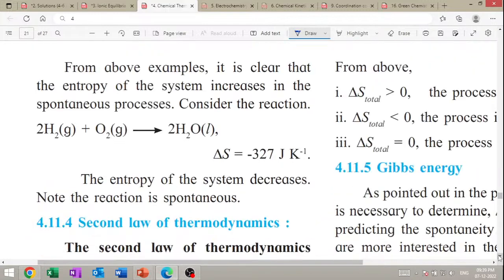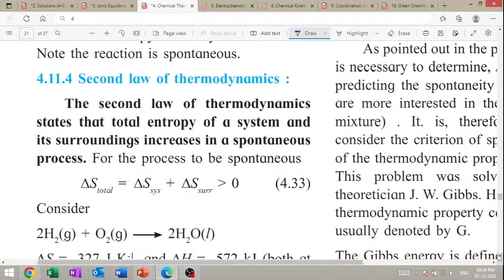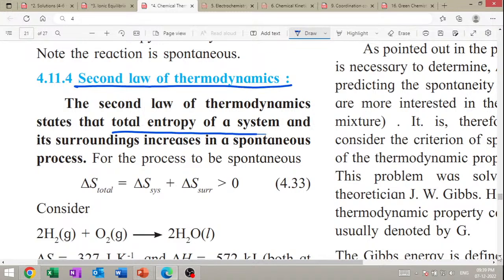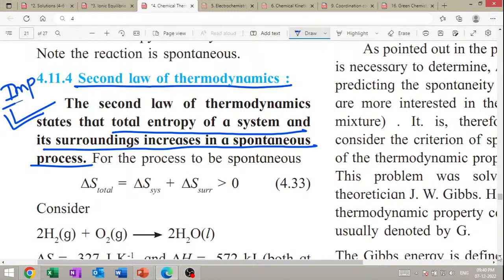The second law of thermodynamics states that the total entropy of a system and surrounding increases in a spontaneous process. This is the statement, and this is a very very important statement for 1 mark.